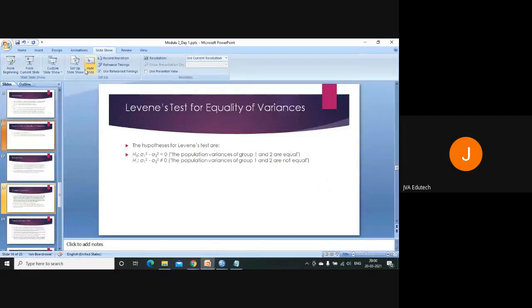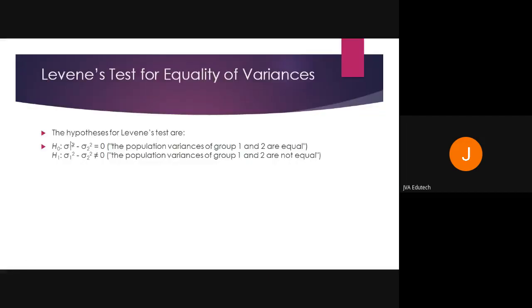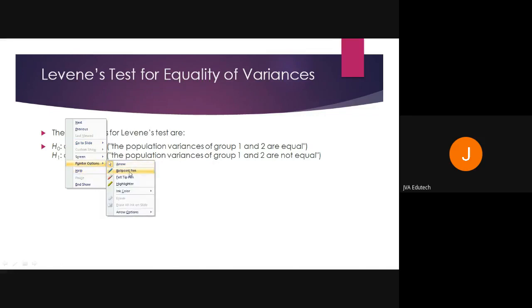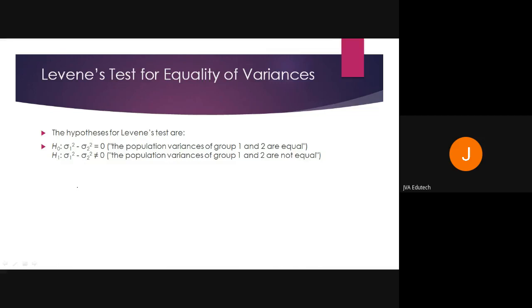If you could recall the formula, r is equal to, can anybody recall that formula? r is equal to square root of t square upon t square plus degree of freedom.